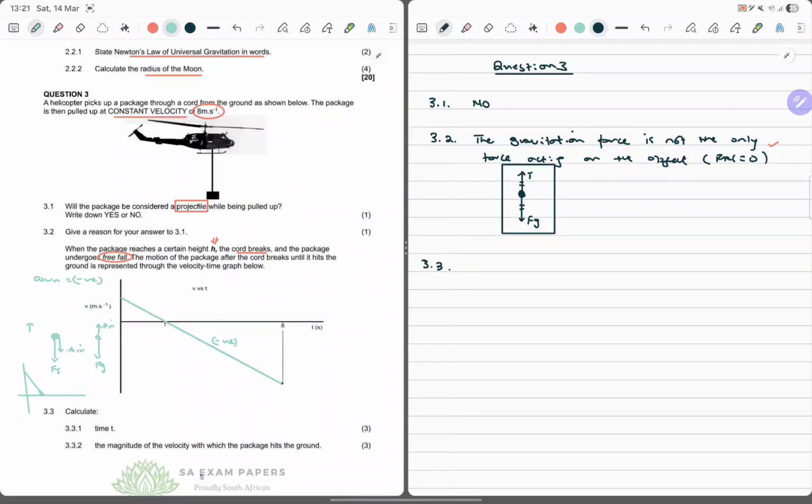Now the difference between the two is definitely going to be less than when these two were added together. So this means, yes, it's going to be still down, but it's going to be much less. So you would expect something like that. Can you see? But we see a constant acceleration instead of an acceleration that changes in magnitude. So essentially, this tells us that air resistance is ignored.